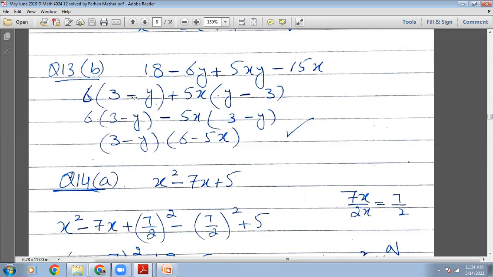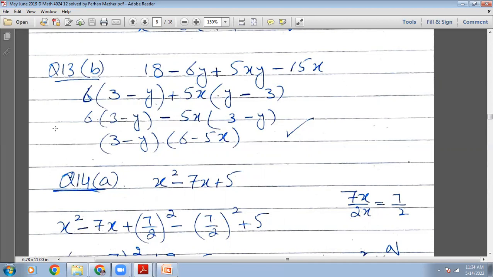So now you can see these brackets, the numbers are same, but their order is not right. And so I will take a negative common. So this will become plus, this will become plus, this will become negative. So when I take a negative common from here, now the brackets are exactly same. Now I can take this bracket common. From here, I will have 6. From here, I will have minus 5x.